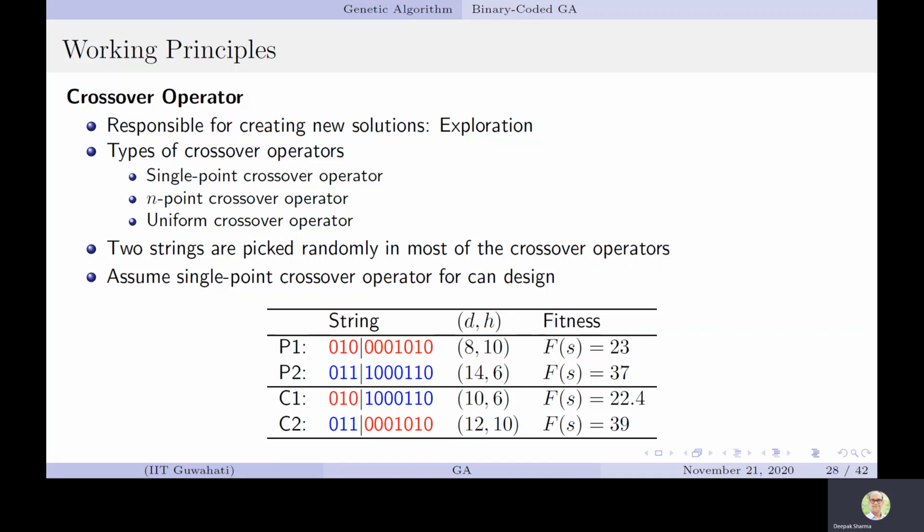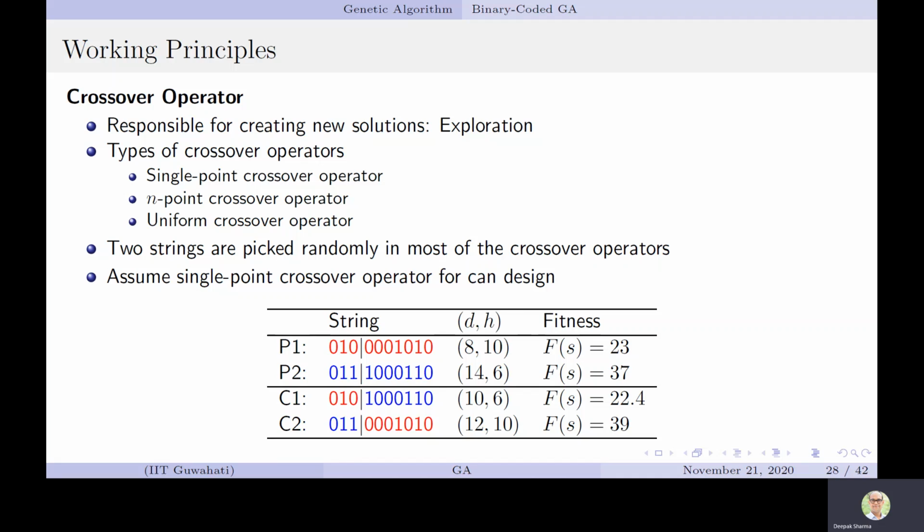Now the question is, should we worry when the crossover is generating a good or bad solution? It is totally random, because the vertical line which we have chosen is based on a random point. So if the crossover operator is generating a good solution, then we should not be worried. Why?